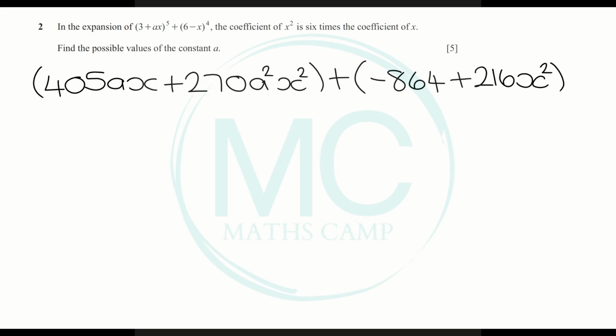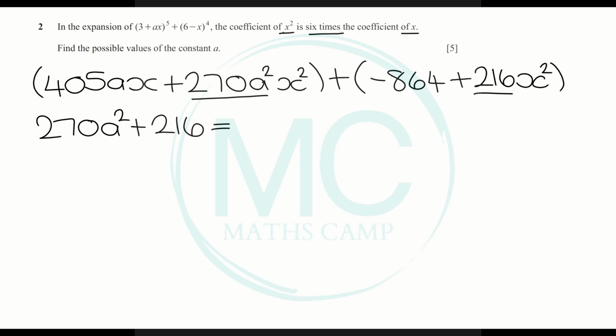The question tells us that the coefficient of the x squared terms is 6 times the coefficient of x. So let's start with the coefficients of the x squared terms. I have 270a squared, so I can say 270a squared plus the coefficient of the x squared term in the second bracket, 216, is equal to 6 times the coefficient of x.